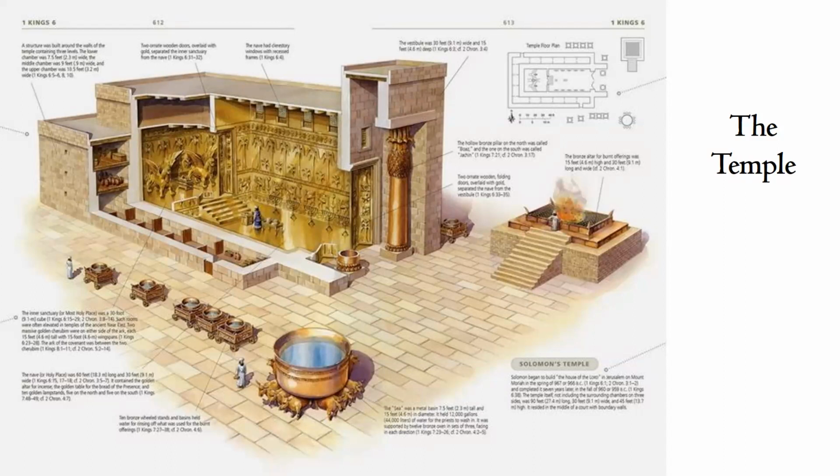In the other room, the holy place, you have an altar of incense. Smoke would be burned, symbolizing prayer going up into heaven. There would be a table with 12 loaves of bread, 12 loaves for the 12 tribes of Israel. This was the bread of presence. God is the bread of life. He is present there. And then you would have a candelabra.